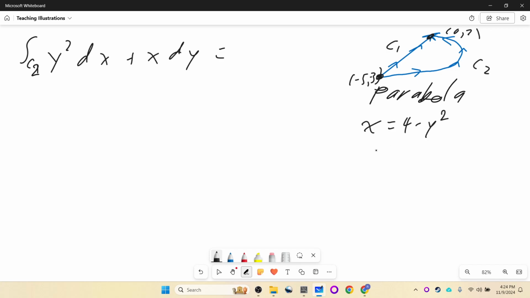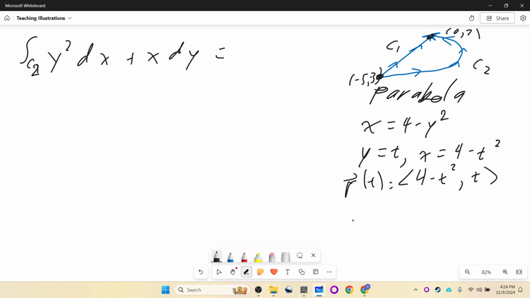So we're going to set y equals t and x equals 4 minus t squared. We want to do it that way because we don't want to have to solve this for y and get a plus or minus. So then r of t would be 4 minus t squared, comma, t. r prime of t is negative 2t, comma, 1.